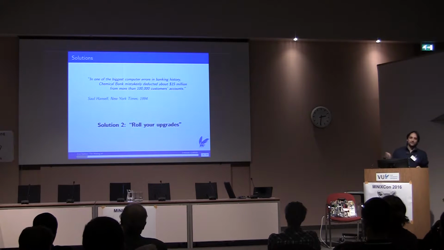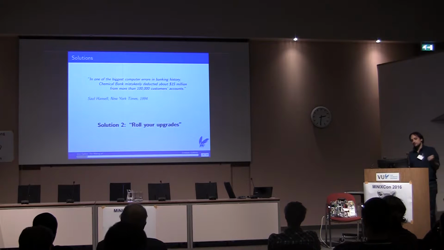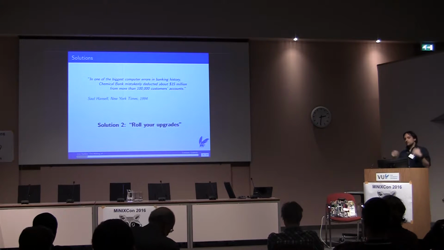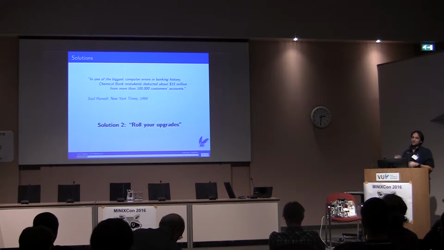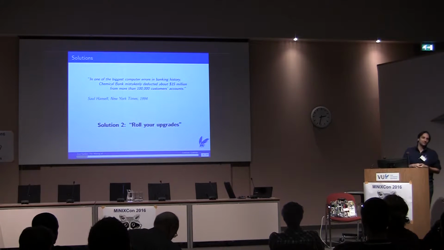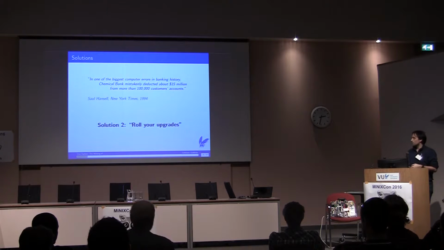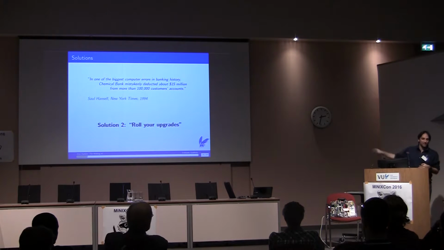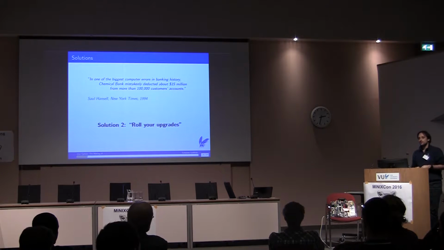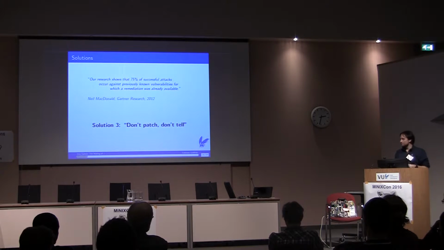Now, the problem you have is that you have to deal with replicated state across several different machines, and you can have many different versions talking to each other during the update, leading to update time inconsistencies and perhaps subtle bugs. If you don't believe me, just ask the customers of a Chemical Bank who got debited around $15 million by mistake because of one of those update time state inconsistencies.